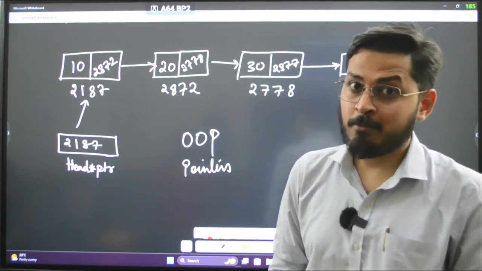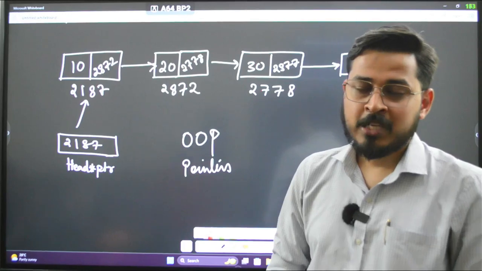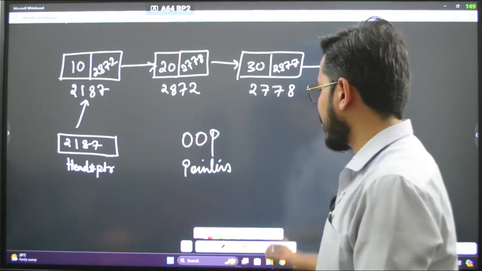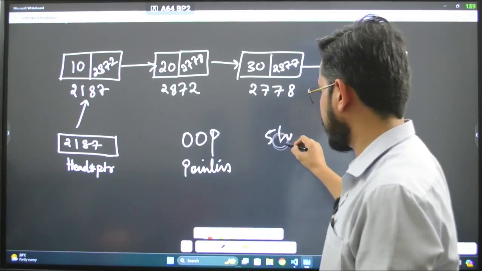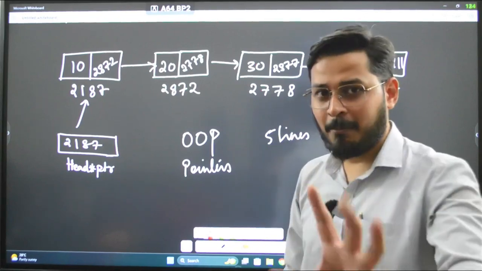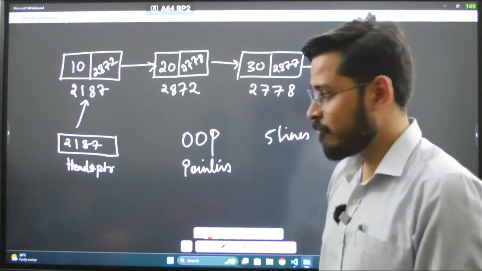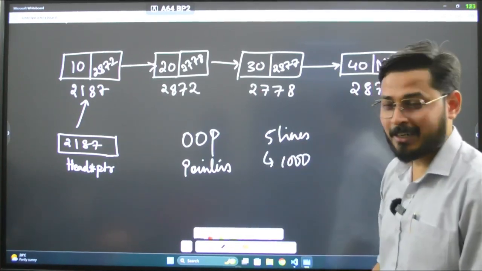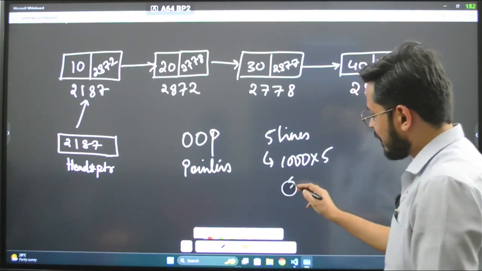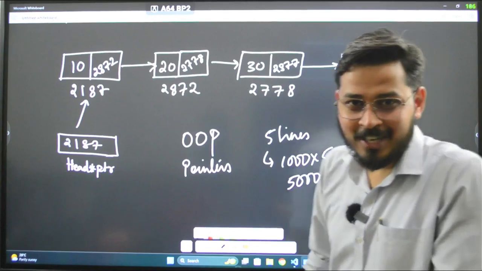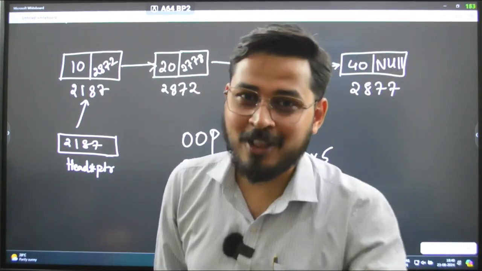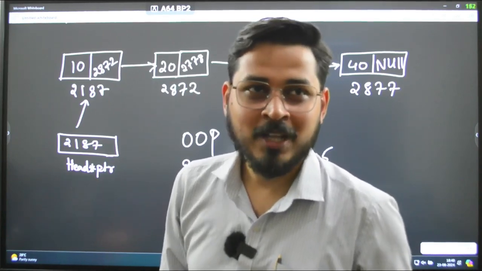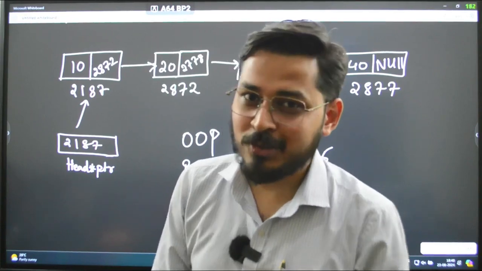That means there can be n number of nodes, hundreds and thousands of nodes. If one node is taking 5 lines, then how many lines will 1000 nodes take? 1000 nodes will take 5000 lines. Correct? But are you going to sit here and write all 5000 lines yourself? No. Practically it is impossible. Every time we cannot do that.